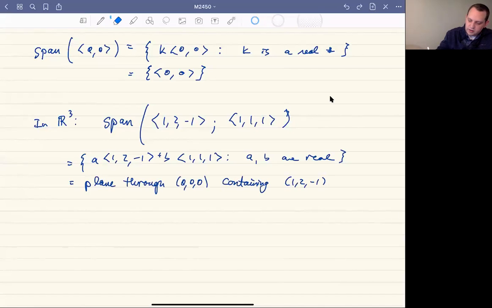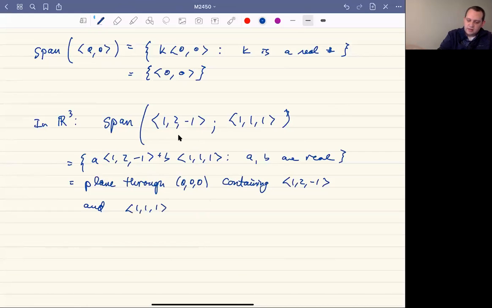Let me make sure that we're emphasizing that these are vectors: (1, 2, 1), (1, 2, -1), and (1, 1, 1). So there's exactly one plane through those two vectors. That is the plane that gets determined by this span of those two vectors.